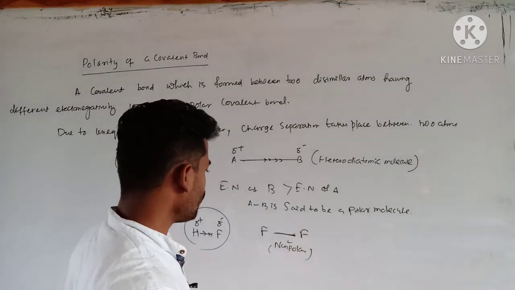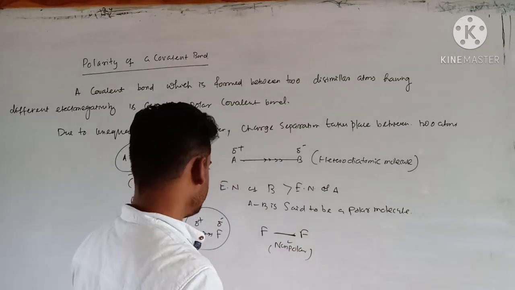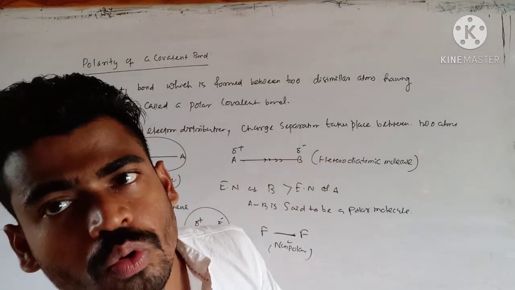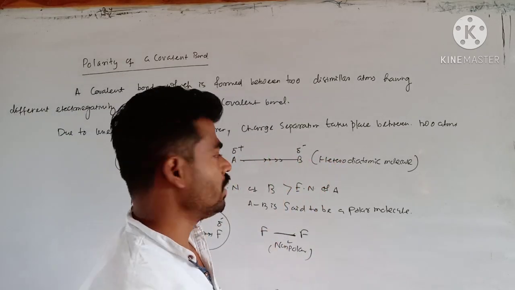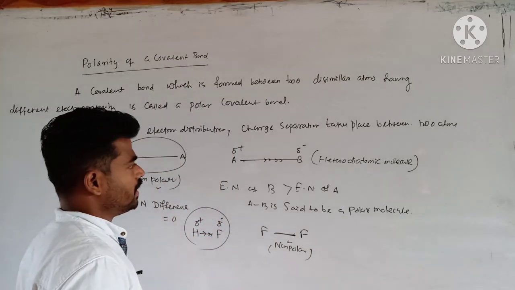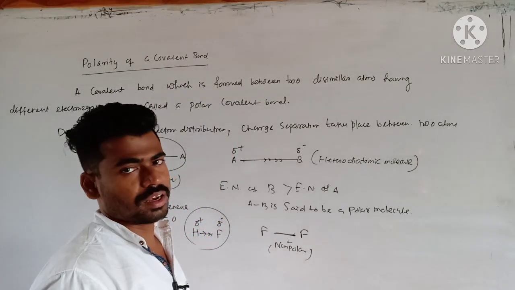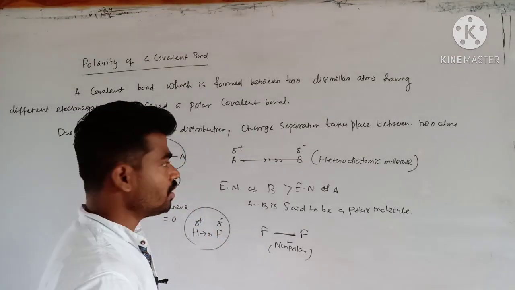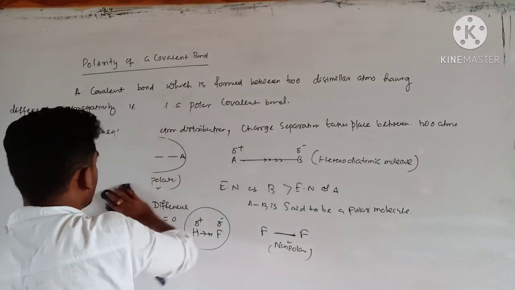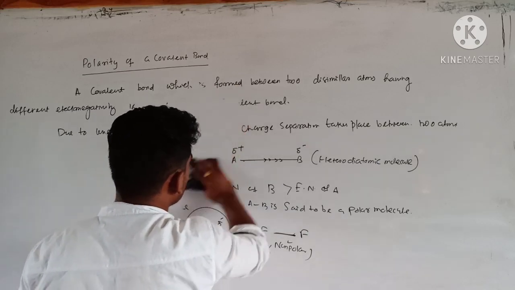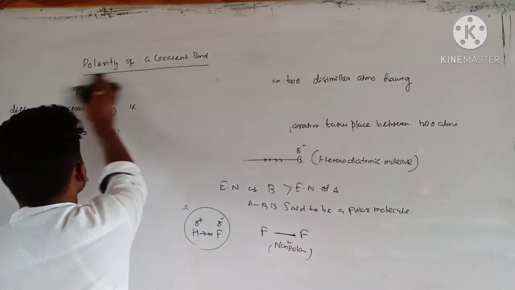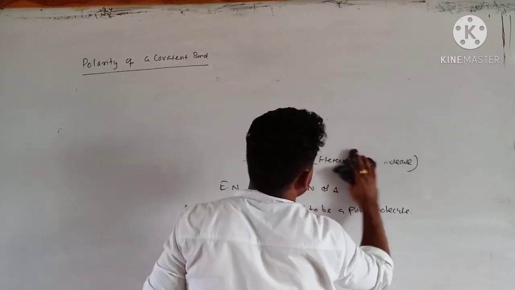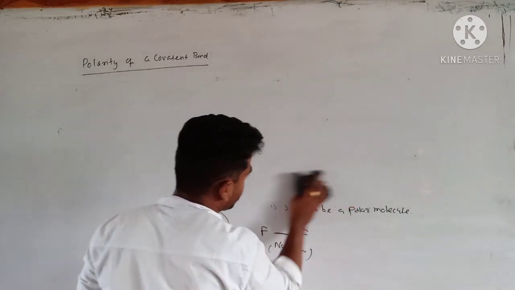The main point here is that there must be two different or dissimilar atoms so that the covalent bond can be polarized through charge separation. Is that clear? The concept here is: the more the charge separation, or the more the electronegativity difference, the more will be the polarity, or the more will be the percentage of ionic character.